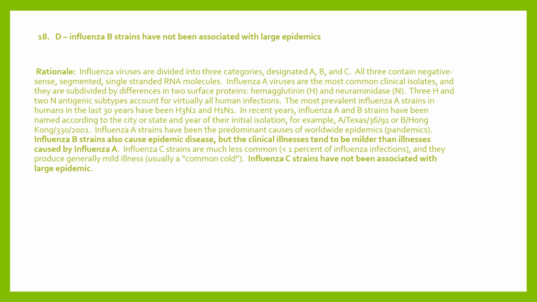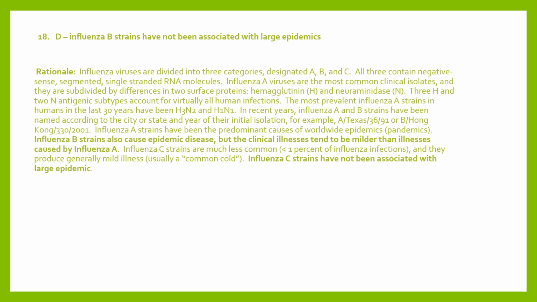The most prevalent influenza A strains in humans in the last 30 years have been H3N2 and H1N1. In recent years, influenza A and B strains have been named according to the city or state and year of their initial isolation. For example, A, Texas 3691, or B, Hong Kong 330 2001.